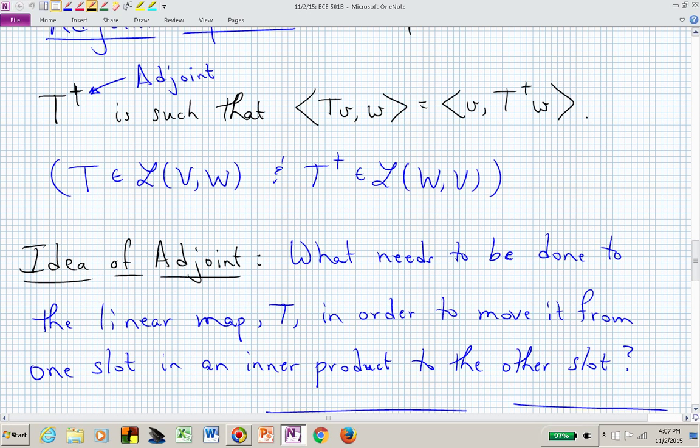How do you move this linear map from one slot of your inner product to the other slot? And the process of doing that, or what you end up with in the other slot, is what can then be defined or used to define your adjoint operator. That's sort of an intuitive way to be thinking about this adjoint.